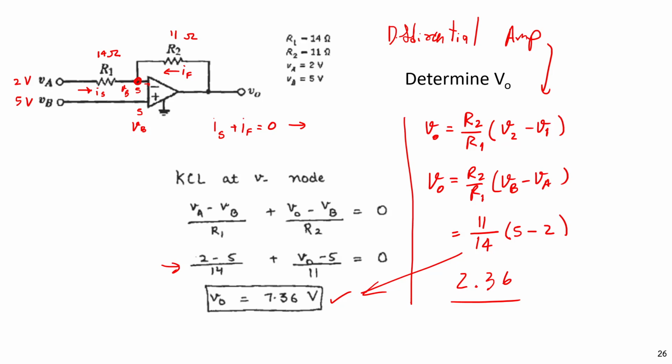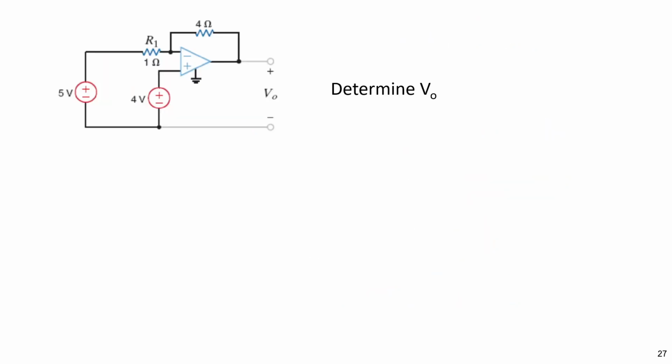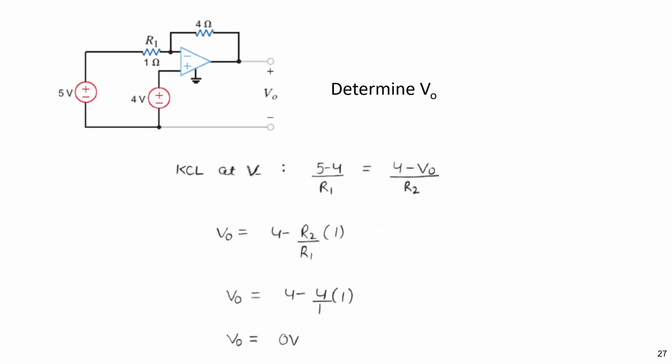Next. So now, okay. What is this circuit? Differential, right? This is a differential amp. And why Vout is 0, I don't know.